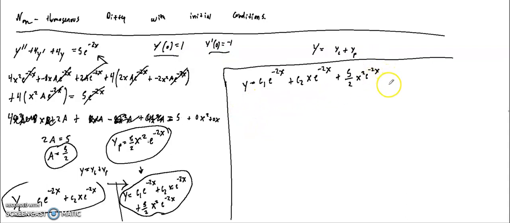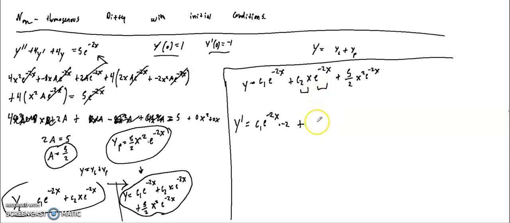So one thing I realize is, oh no, we need to find a derivative to use this second initial condition. And we have two power rules right here. So I don't know, you just live through the pain. Just keep going. So c1 e to the negative 2x times negative 2, because we have that chain rule, plus, well, we have a product rule right here, two functions of x.